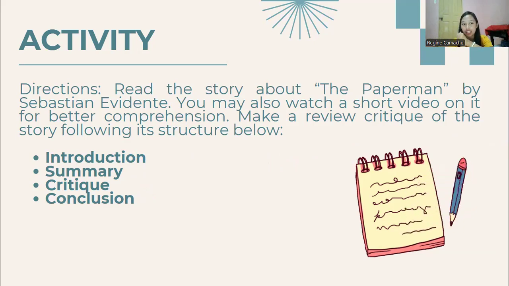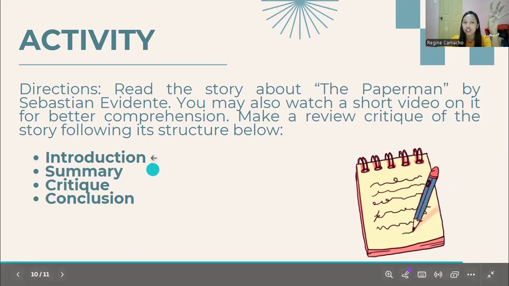Because if magbali-bali siya, then it's not chronological, or it's not in order anymore. So it's very hard to understand. That's why it is a structure. So there is first, second, third, and last: introduction, summary, critic, and conclusion. I need to read these four parts.